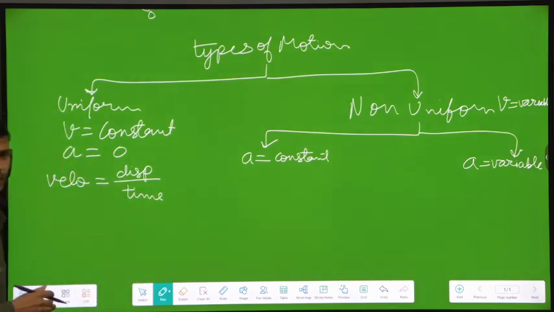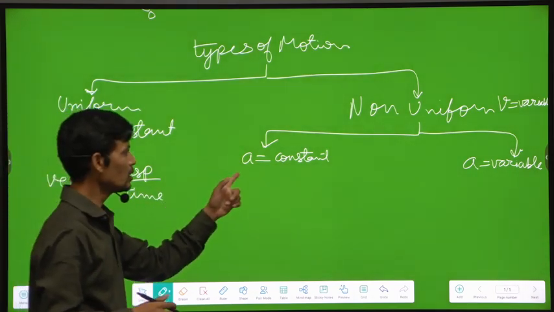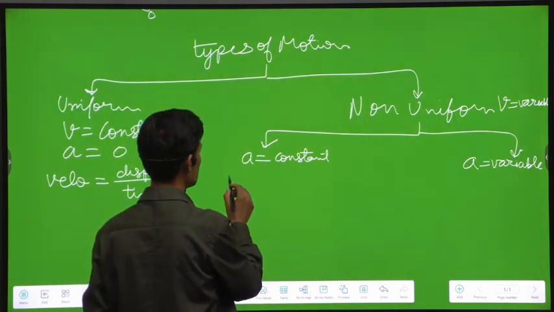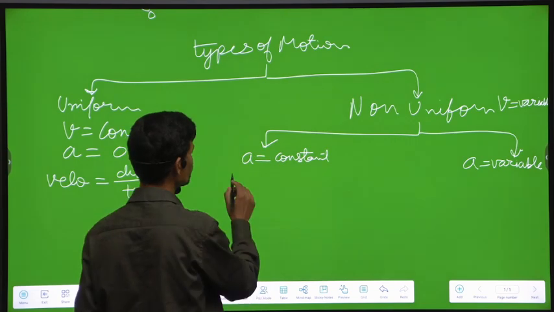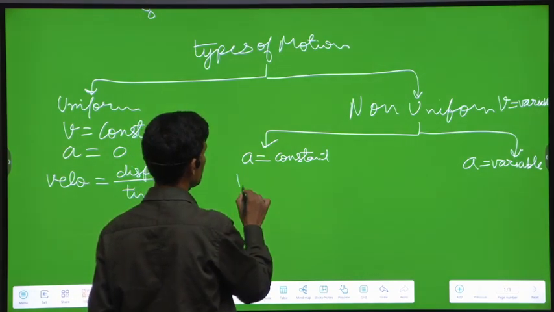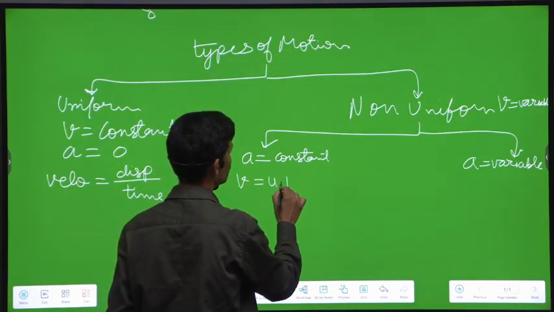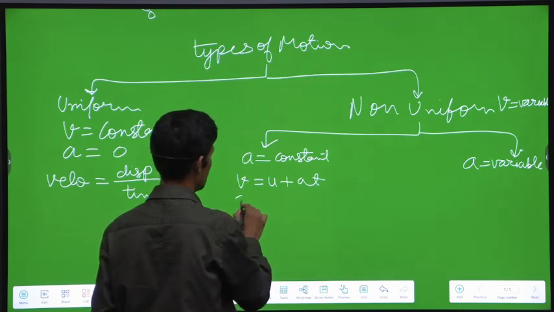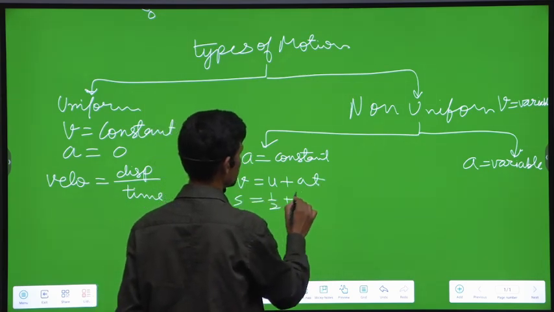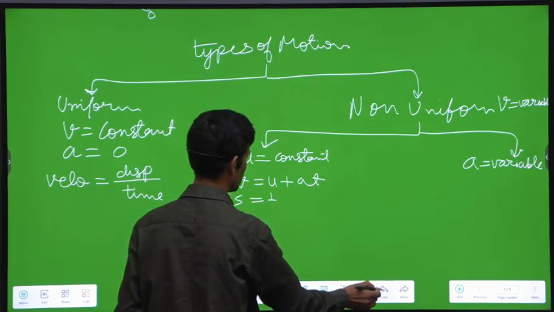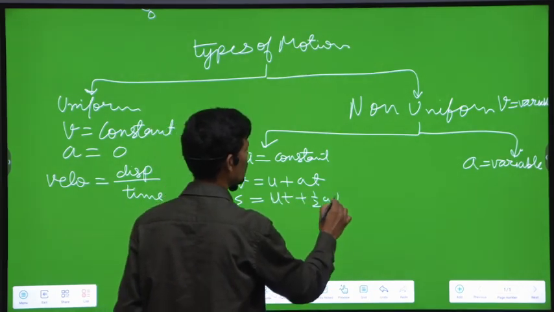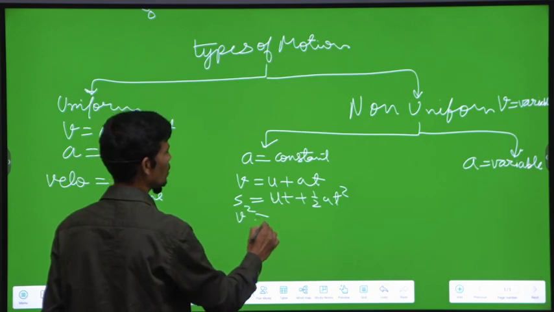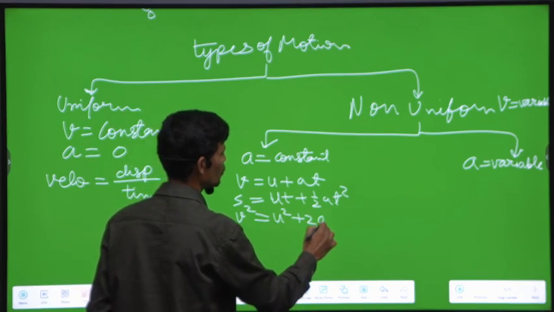That's all. But here we use equations of motion, which I'm going to explain in the next video, which are v equal to u plus at, s equal to ut plus half at square, and v square equal to u square plus 2as.